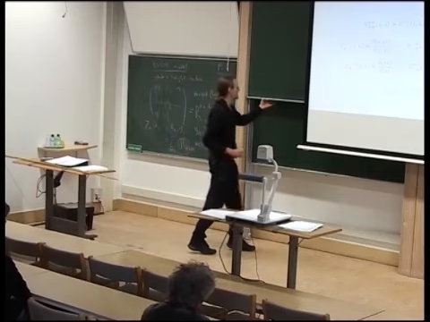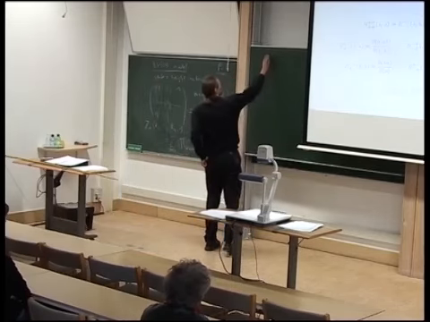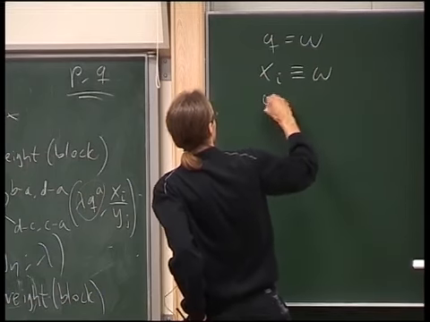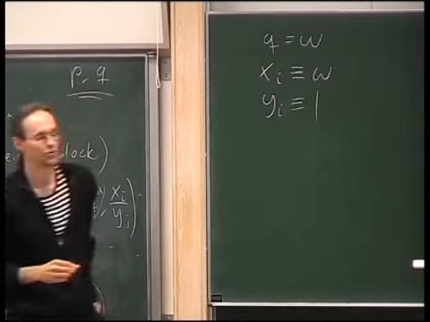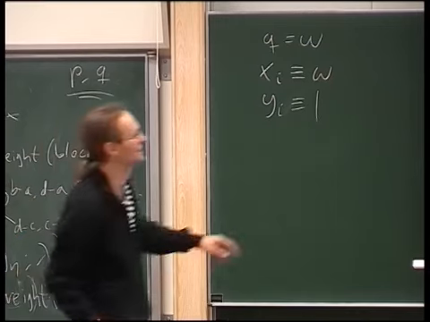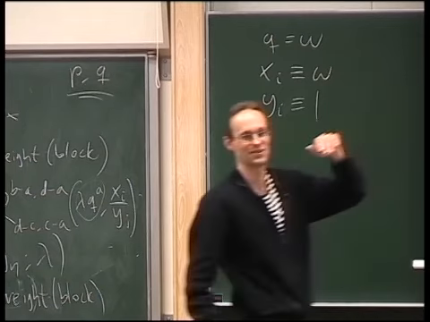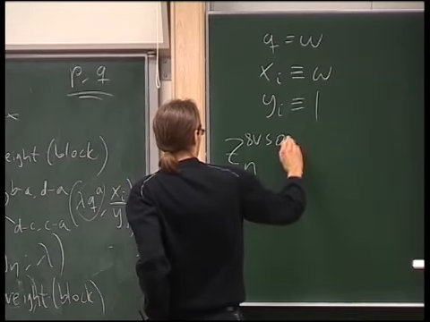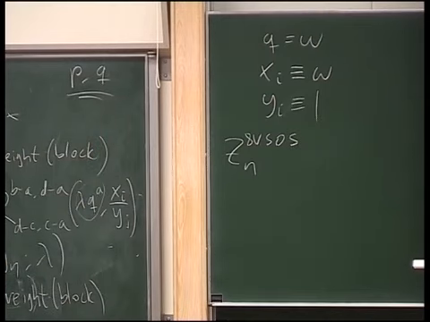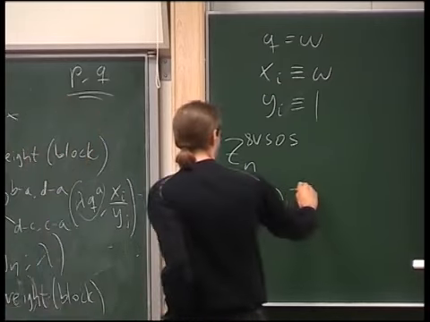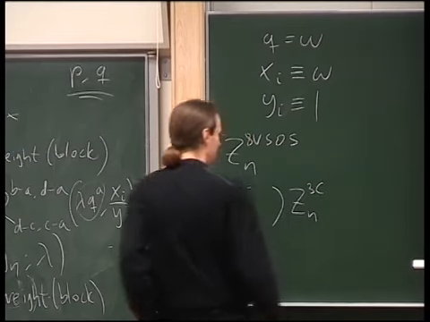And it turns out that if you make this specialization, when q is omega and all the x's are omega and all the y's are 1, and look really carefully on these things and think about it, you will see that this 8-vertex SOS partition function will be equal to some elementary factor times the 3-color partition function.